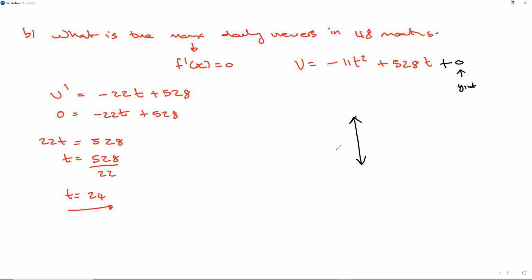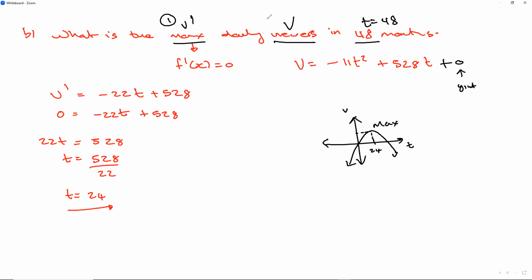If I had an x-axis and a y-axis, this function would reach a maximum at 24 over there, because that's t, and it has some specific v value which we can calculate. Now, that's what we want. We want the v value at the maximum. But we want to find the maximum, so that's where the derivative comes in.